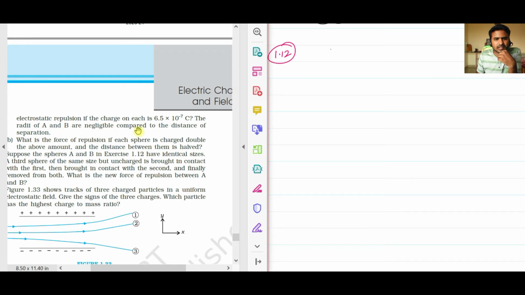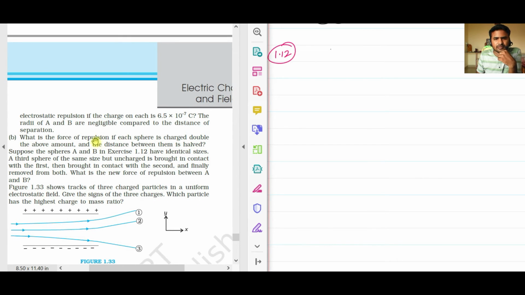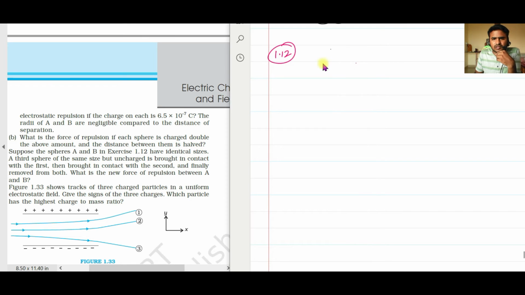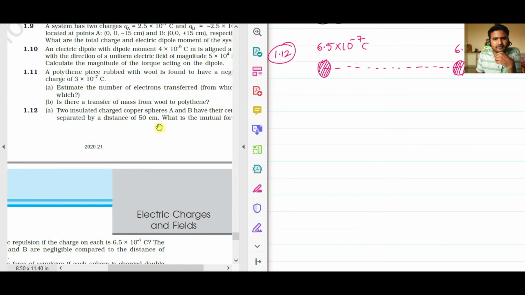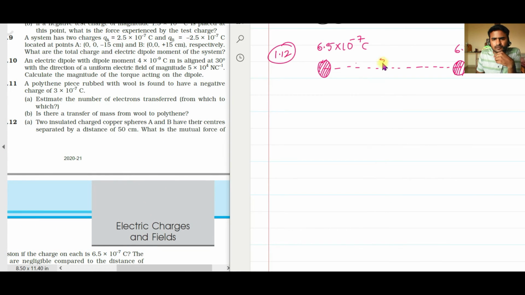The radii of A and B is negligible compared to the distance of separation. So this is the first sphere carrying a charge of 6.5 into 10 to the power of minus 7 coulomb. There is a second sphere here carrying a charge of 6.5 into 10 to the power of minus 7 coulomb, and these two are separated by 50 centimeter.